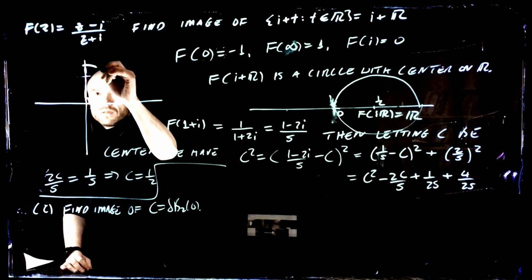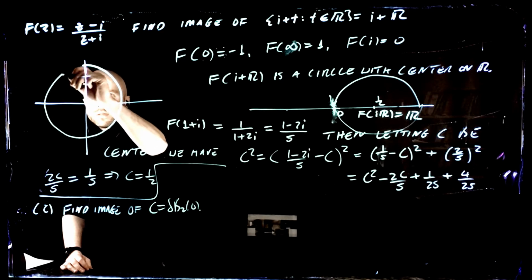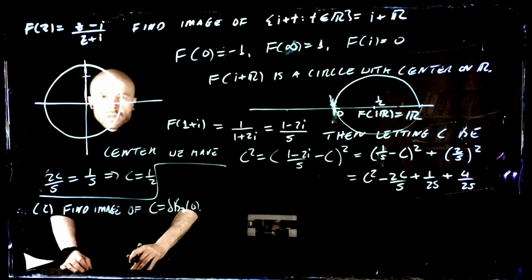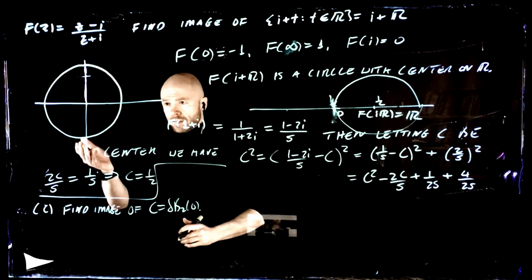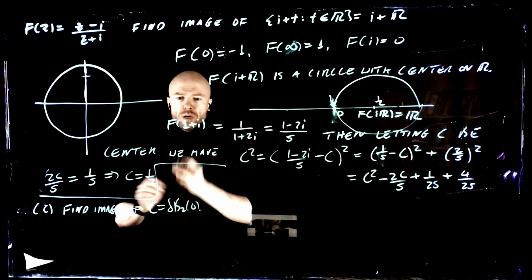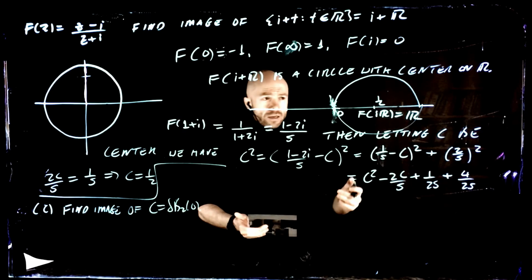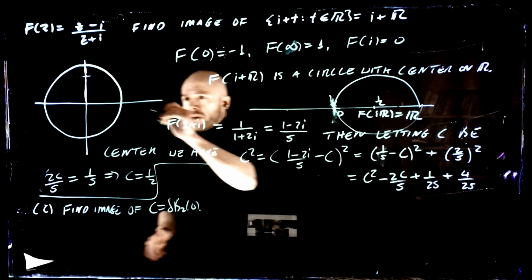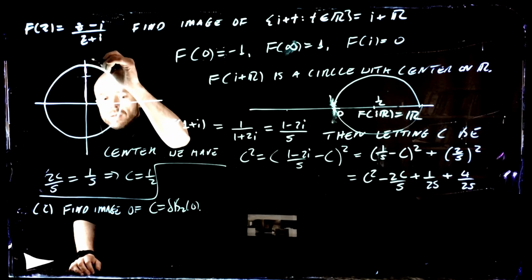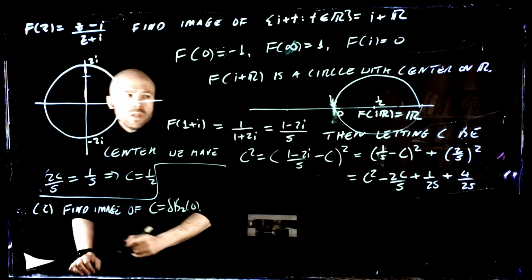Okay, it has again the convenient property of cutting through the imaginary axis exactly perpendicular. So the image again, this point here, this is 2i, and this is minus 2i.